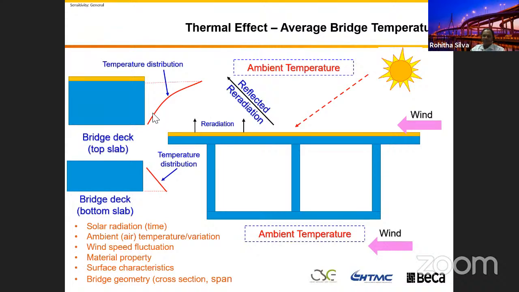Because of this differential temperature variation in the top and bottom of your bridge, you're going to get complex residual stresses. I don't have an example here. I will work one out and put it in the resource folder. You can see that example.